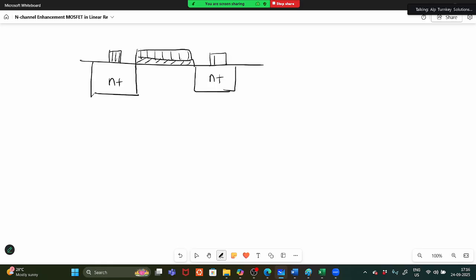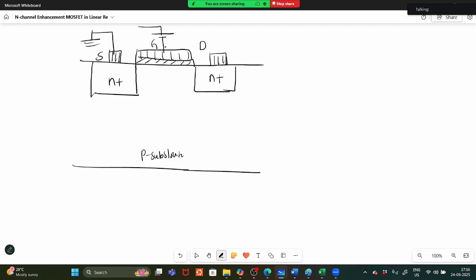This is also metal, and this one is the p substrate. Here this is source, gate and drain. Source is connected to ground, the gate is connected positive with respect to source, and VDS with respect to source is also positive.